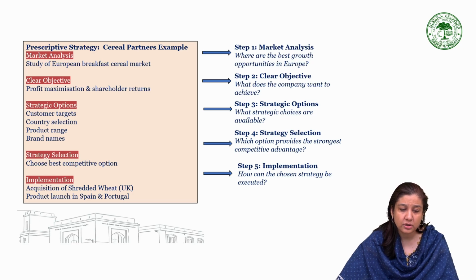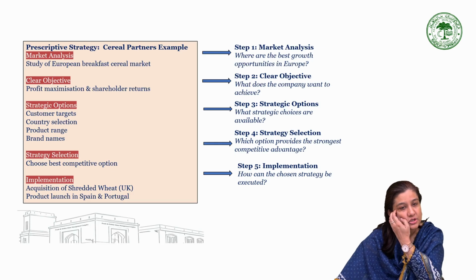Cereal Partners sought growth in the European breakfast cereal market. The company followed a structured strategic process where they followed the steps of market analysis, objective setting, strategic option development, selecting a strategy, and finally implementation.